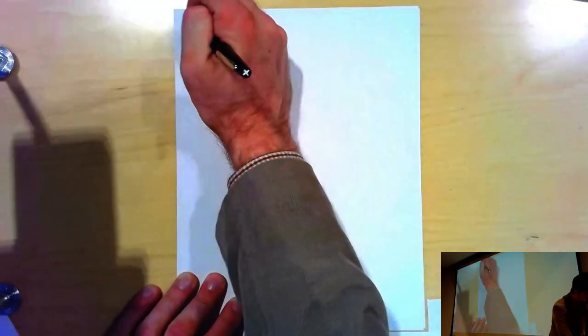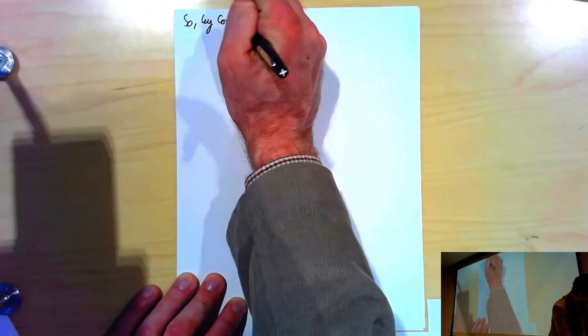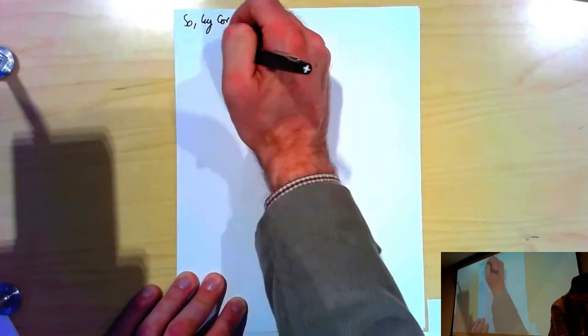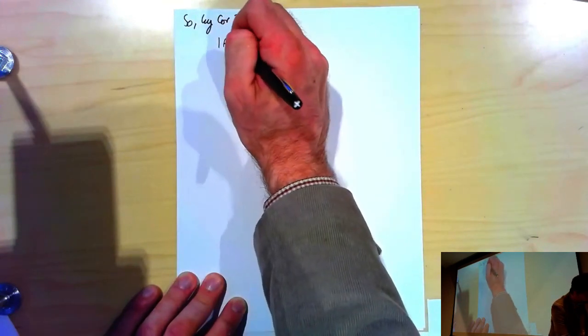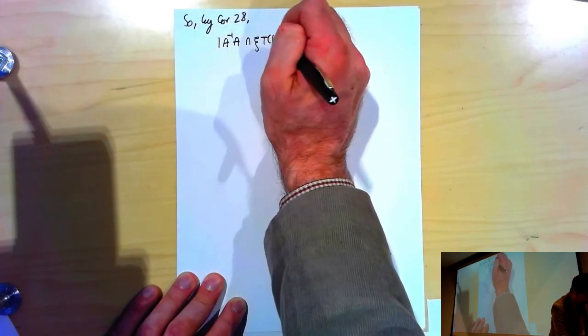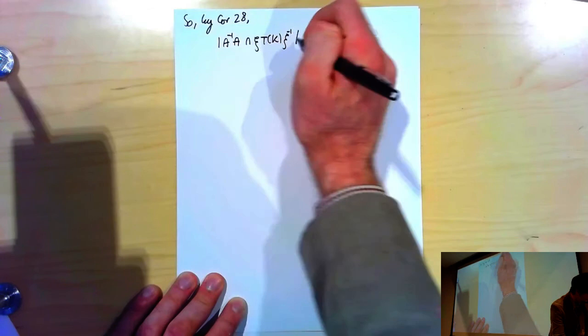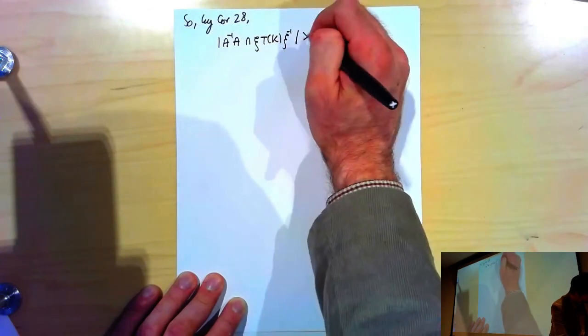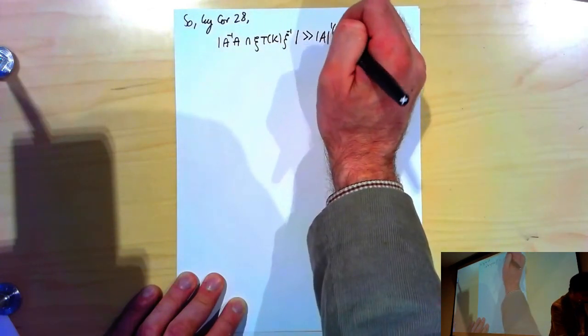So, by corollary 28, we obtain that A inverse A is at least A to the 1/3 minus O of delta.